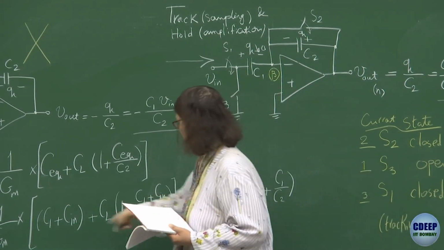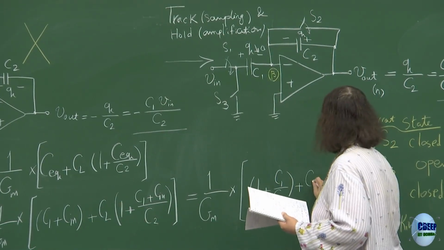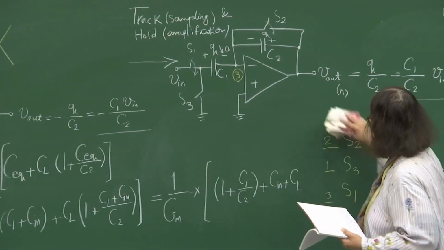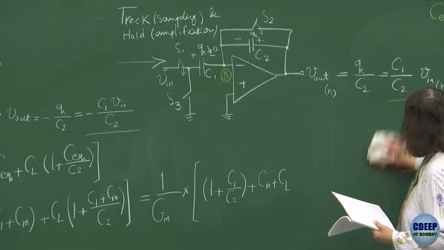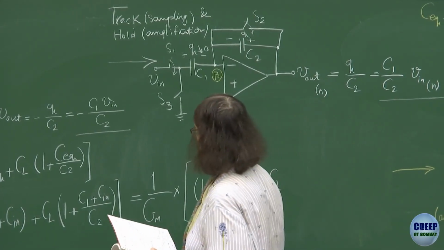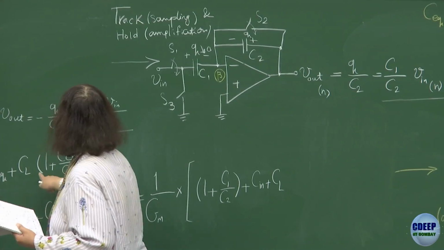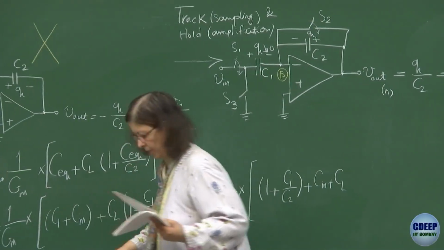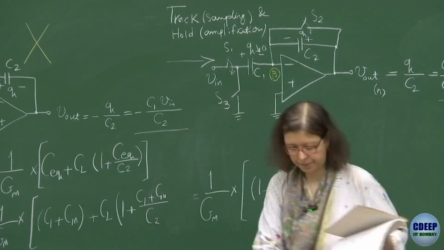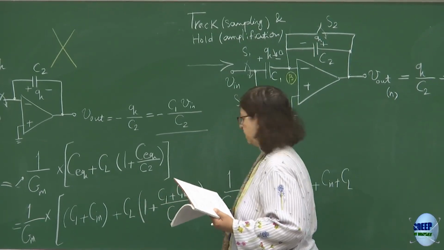This term I'm taking out, and then I have Cin plus CL. It is C1 upon C2 times Cin, 1 plus, multiplied by CL, right? This part is left. CL, right? That is already over there.